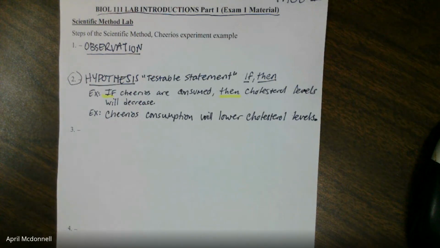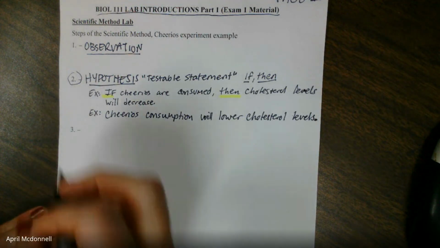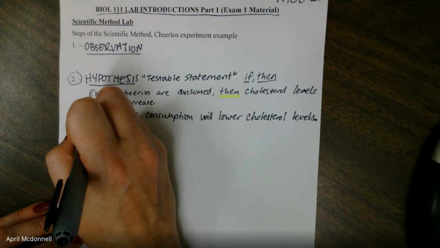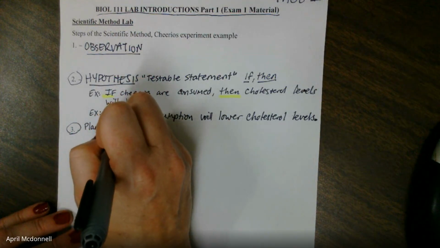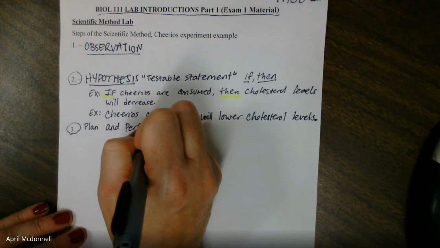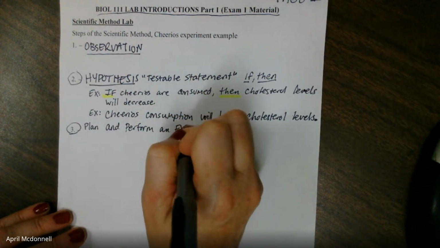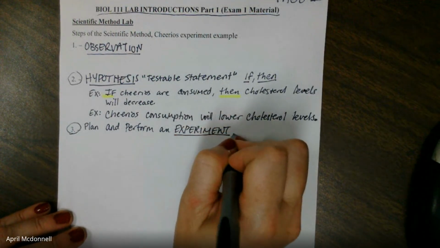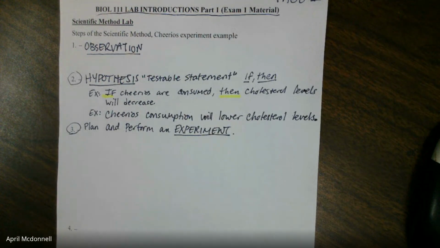The third part of the scientific method is to plan and perform an experiment. For the Cheerios experiment, you're going to need some people. Let's say the Cheerios company rounds up 1,000 people for you to perform your Cheerios experiment on.